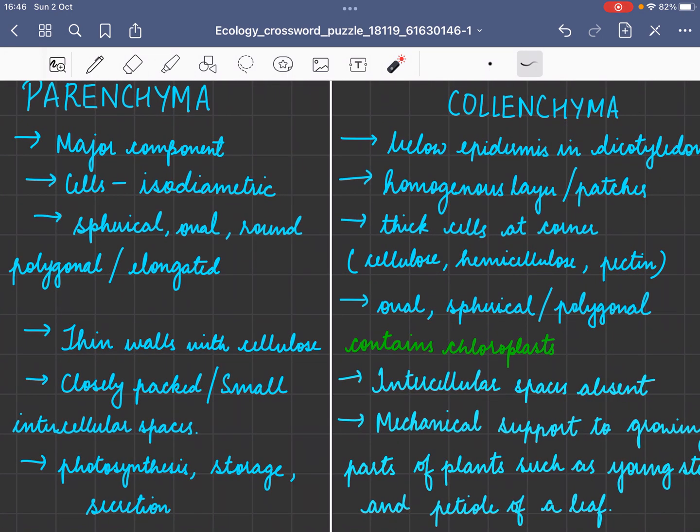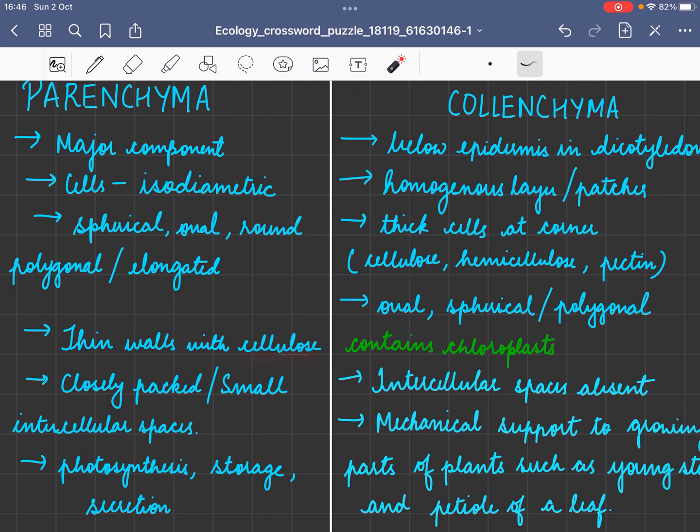Parenchyma is the major component, and its cells are isodiametric. Iso means similar, so basically they have the same diameter. Cells are spherical, oval, round, polygonal or elongated in shape. Then the walls are thin, with the presence of cellulose.